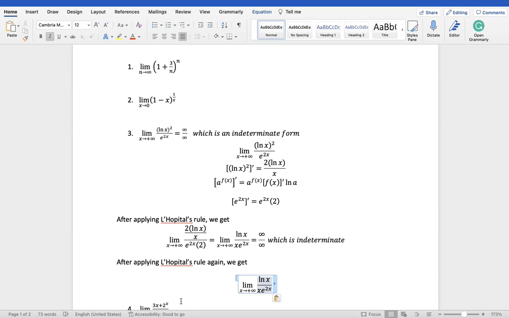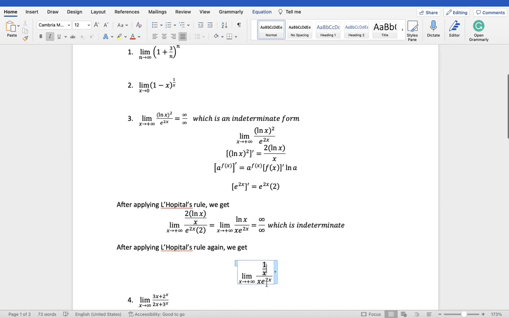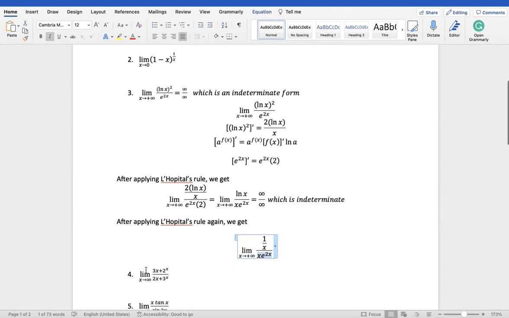So the derivative of ln x in our case is 1 over x. And here, for the denominator now, we will use the product rule, because we have the denominator of x multiplied by e to the 2x.